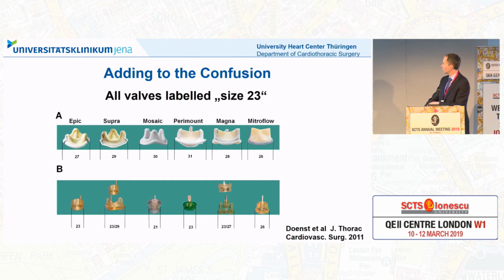So if you compare a size 23 Epic or Epic Supra with MitraFlow or Perimount, then you see they all have different outer diameters. So you can select between 26 and 31 millimeters, 5 millimeters difference in outer diameter, all the same size. So one surgeon implants this valve here, and he says, that was easy, no problem.